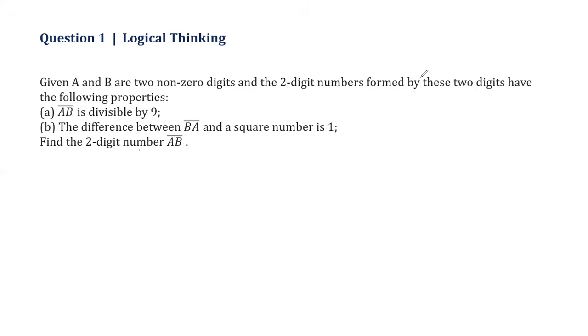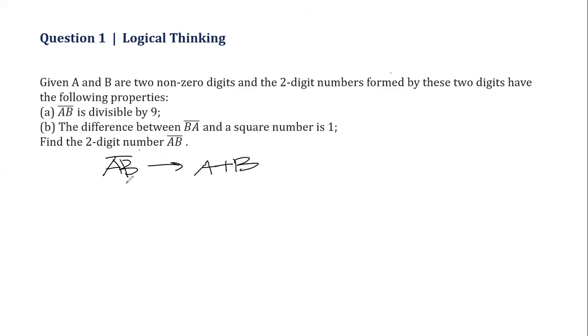If the sum of all the digits is divisible by 9, yes, that's exactly the divisibility rule of 9. So for any number, in this case AB, if this is divisible by 9, this means that the sum of digits A plus B must also be divisible by 9.